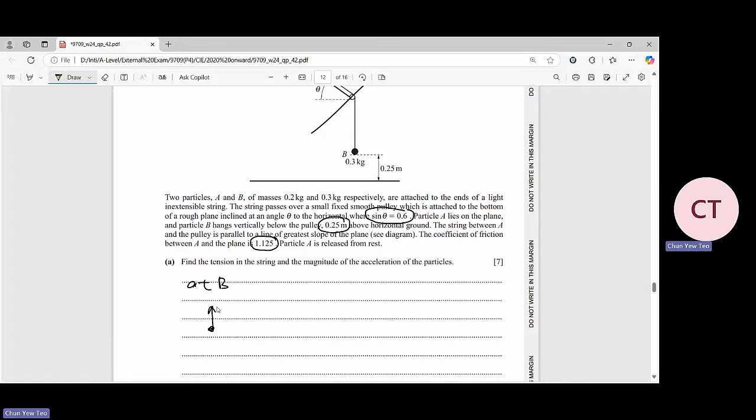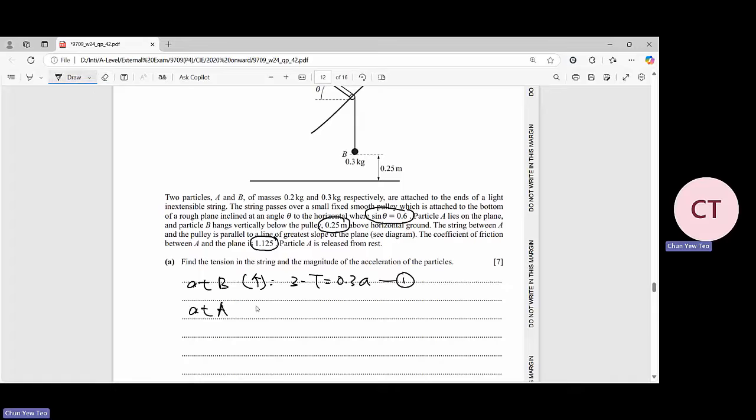We have the tension here and we have the mg, 3 Newton. So if you resolve the forces vertically at B, you have 3 minus T is equal to 0.3a. That is your first equation. Okay, but actually the diagram is not needed, because I want to give space for the A.